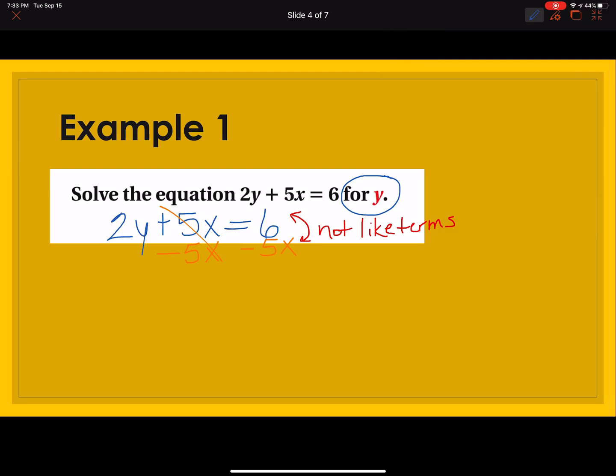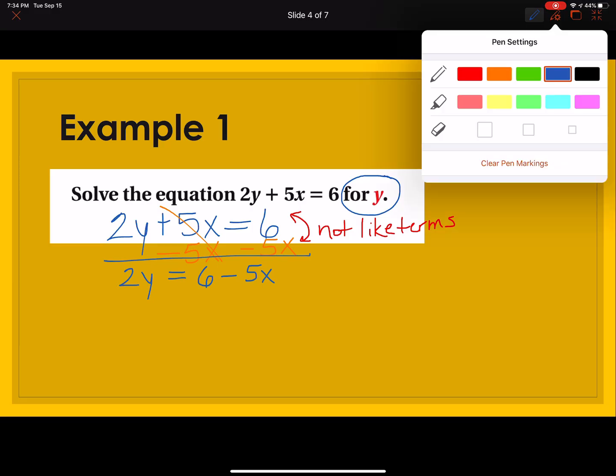When we rewrite our equation now, we're going to have 2y equals, and it doesn't matter which one we decide to write first. I'm just going to go ahead and put the 6 subtract 5x. Now at this point we have a 2 as the coefficient of y.